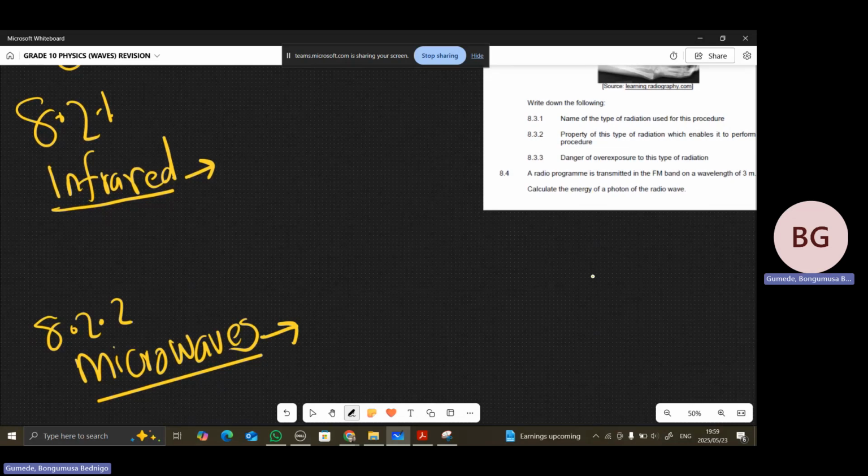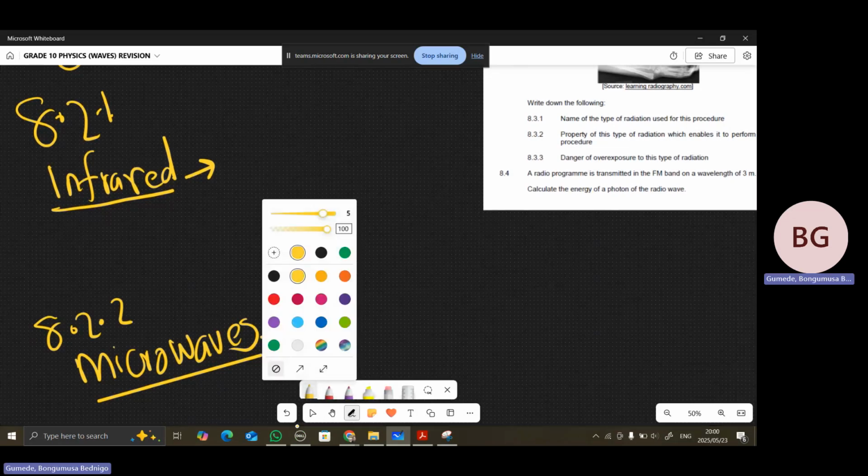And then you have your... you can use them to keep food warm as well. You can use them in optics, or even our remote controls. Yes, even our remote controls. How can I forget that one?